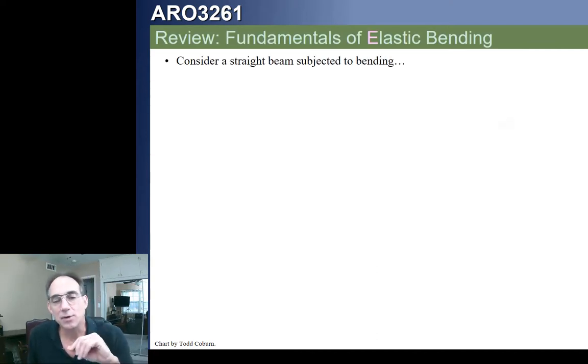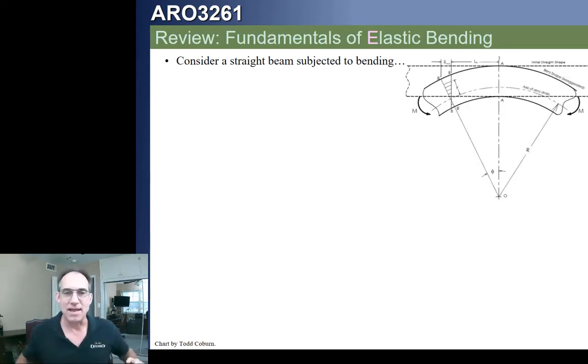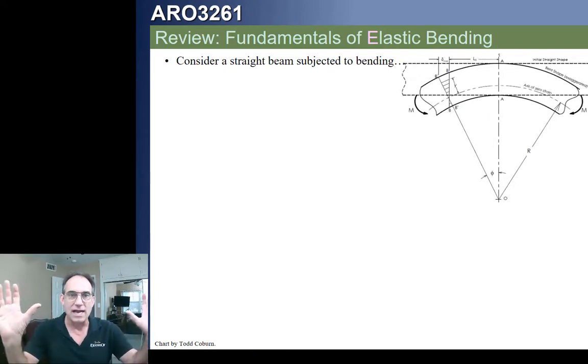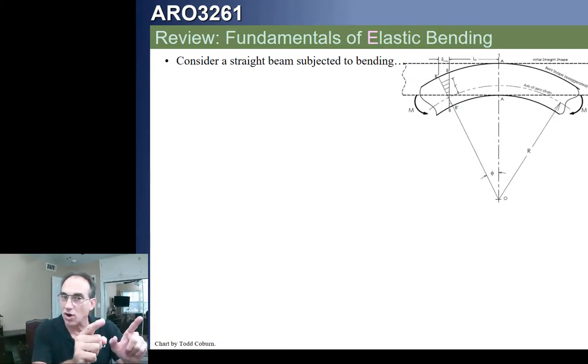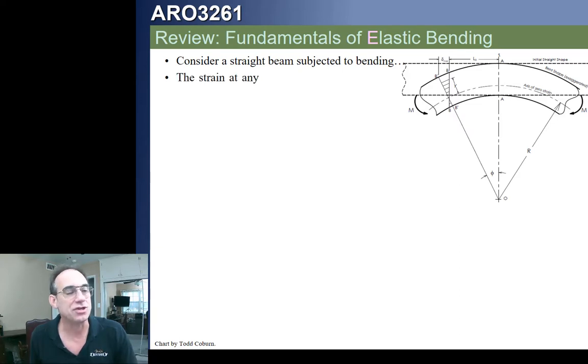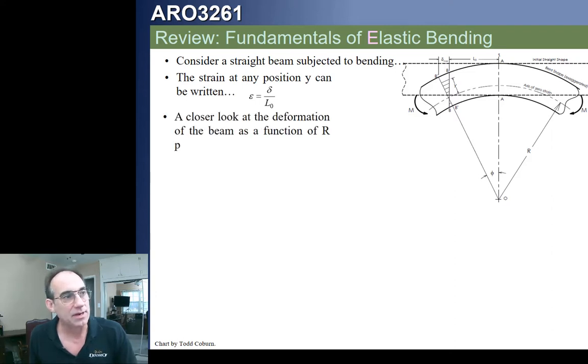So last time we started off by bending a beam before your very eyes, and we're going to start at the same place. We bend this beam, we see our radius of curvature, we see that neutral surface, and we see our strain distribution as the thing bends. We found that the strain can be written this way.